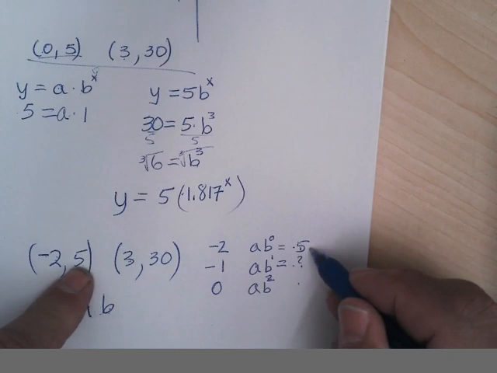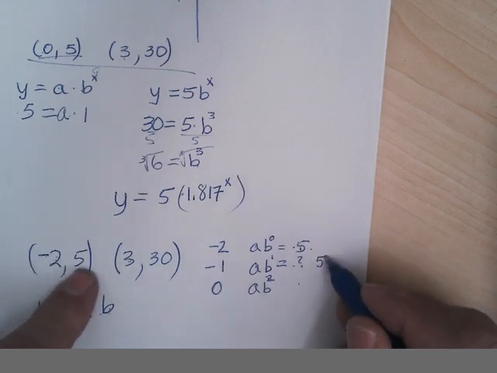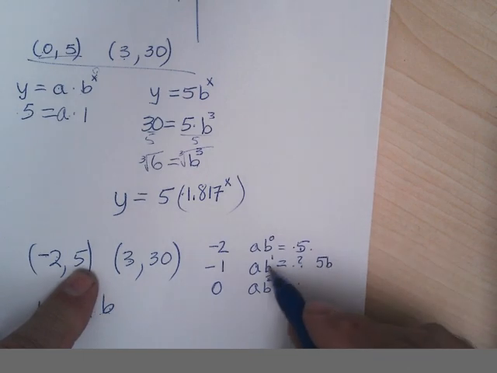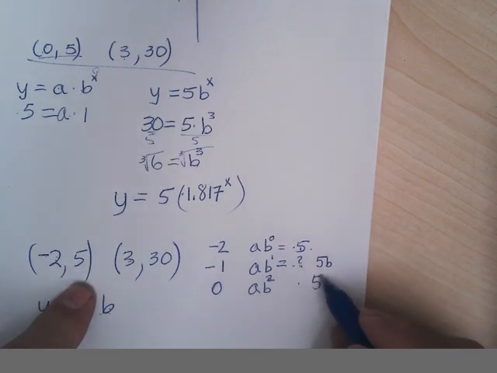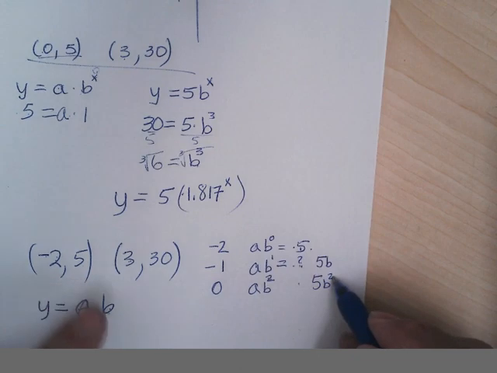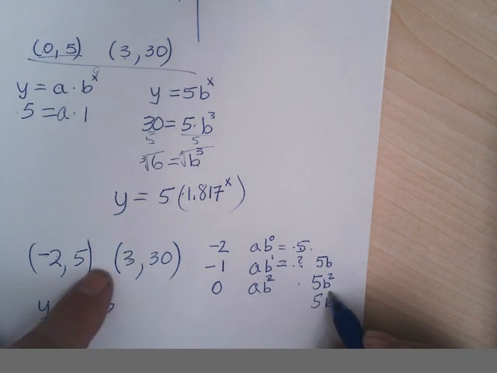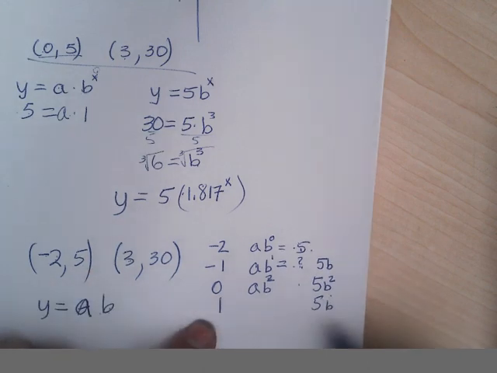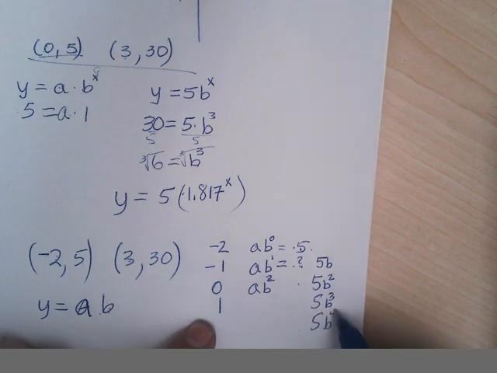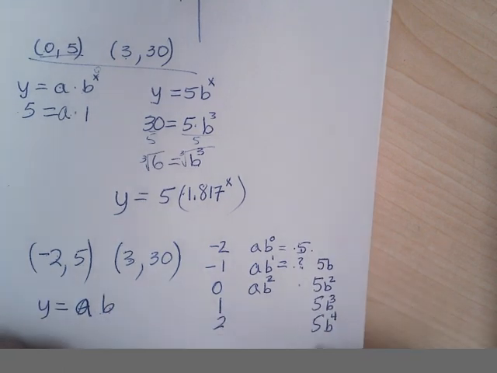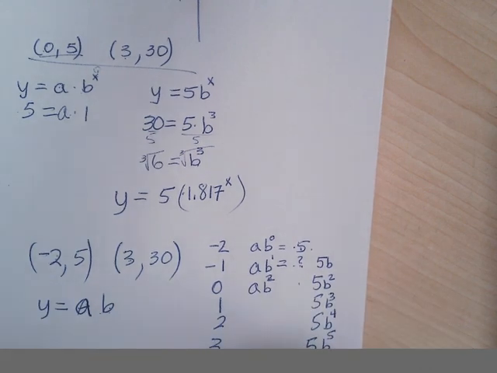If I start at 5 for -2, then I'm going to have to be 5 times the base once to get to this number, 5 times the base a second time to get to the next number for 0, 5 times the base another time to get to what it is at 1, 5 times the base another time for 2, and 5 times the base another time to get to 3.